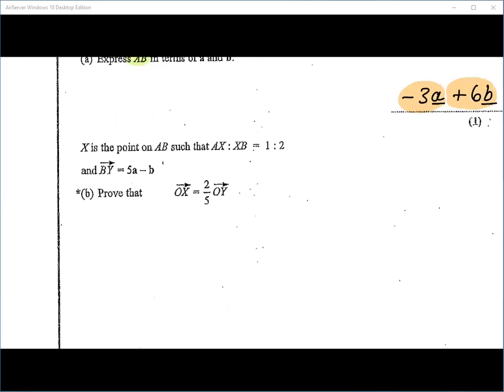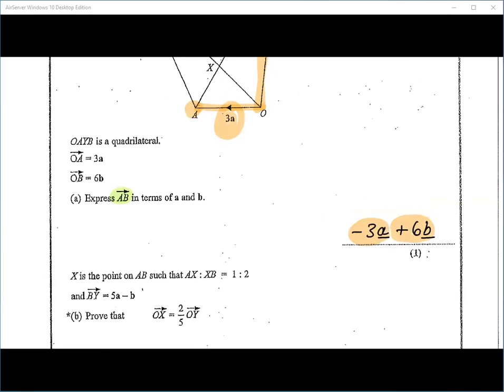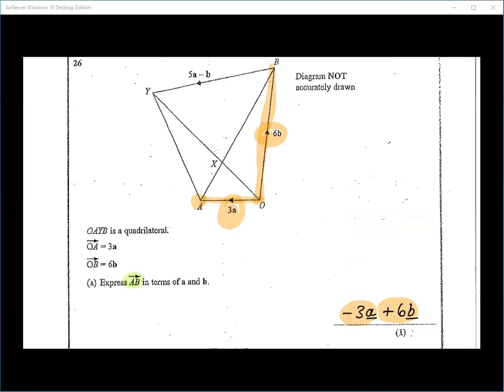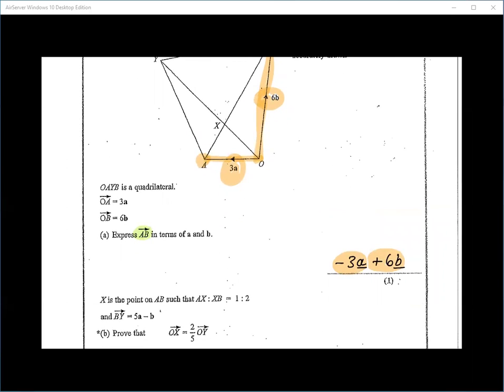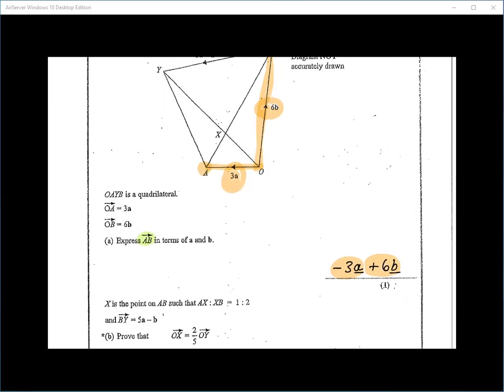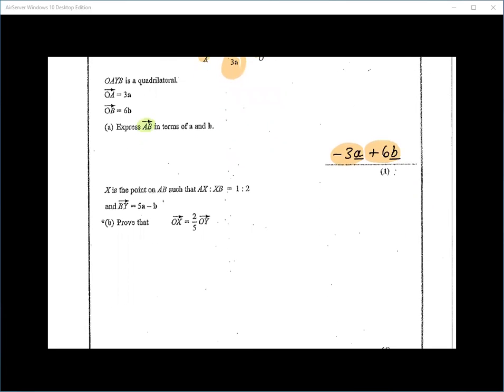Okay, lovely. So let's look at the ratio. So the ratio is A to X is 1/3. Okay, lovely. So first of all, is the correct interpretation of the ratio. 1 to 2 means we've got 3 parts, so this one will be 1/3 and the next one will be 2/3.